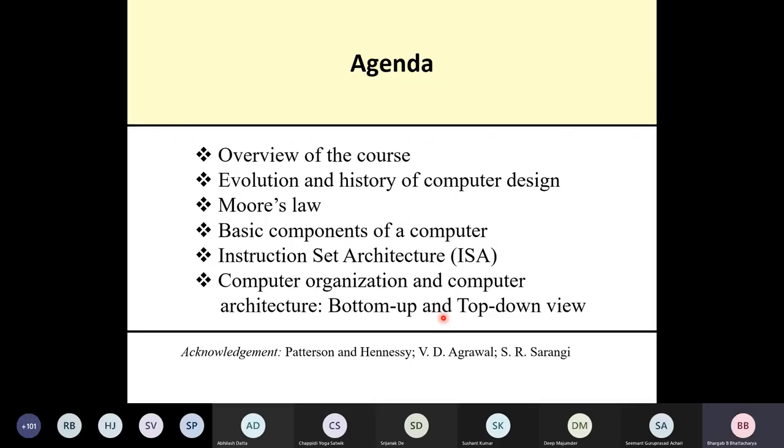What about computer architecture? Now, as you have just rightly mentioned, there will be other software components, right?